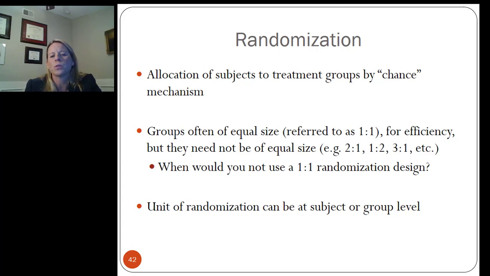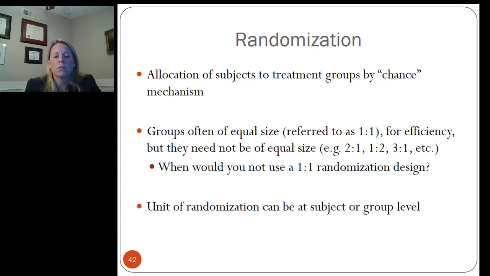That approach may be chosen if there's a desire to reduce or limit the number of subjects who are enrolled in the control arm. You can also have the reverse, where you have a 1-to-2 assignment, where you have 1 patient in the treatment arm to every 2 in the control arm. That's oftentimes less the case, though.